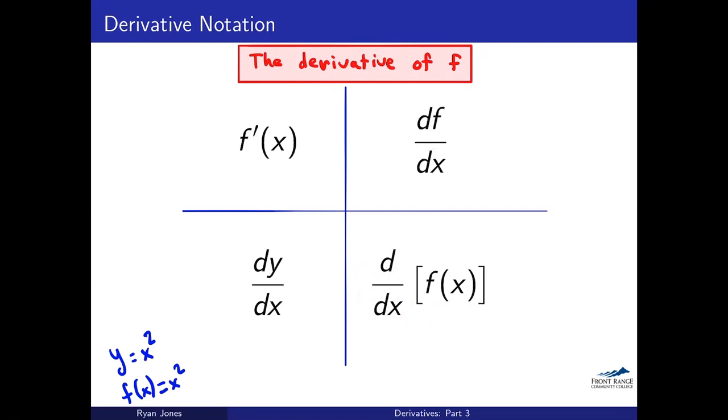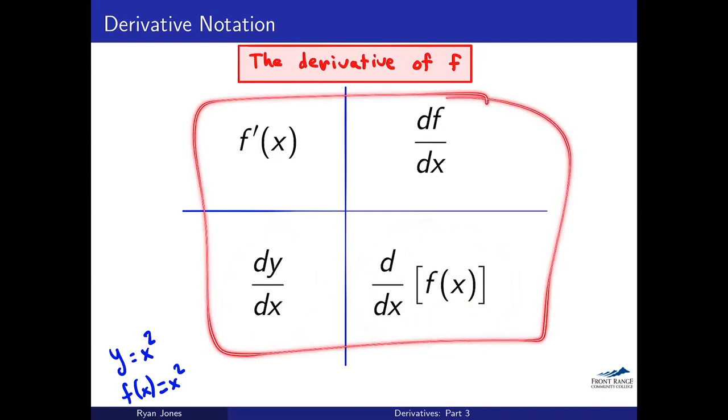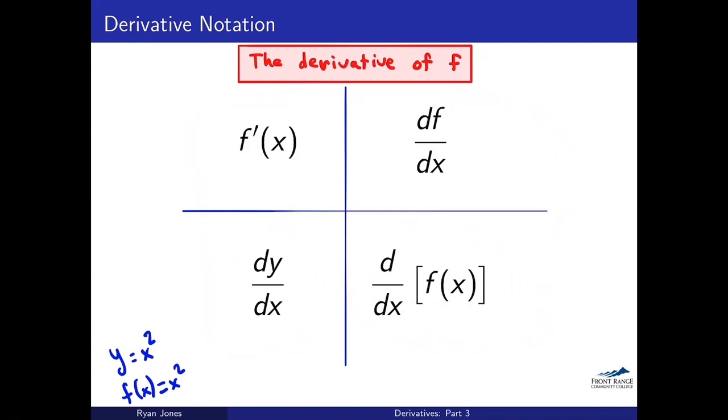For the most part today, I'm going to be using this one, and later in the course we'll see dy dx a lot more often. But just know that if you see any of these four things, those all mean the same thing. They all just mean the derivative of f.